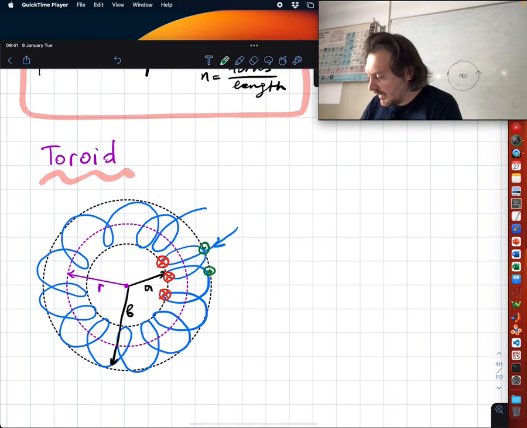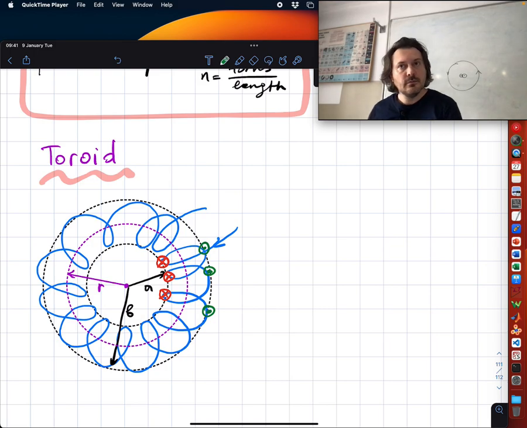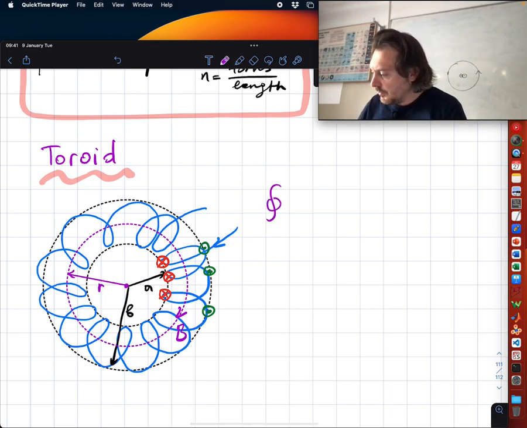So if that is the case, which way is the magnetic field? Just tell me if it's clockwise or anti-clockwise. Clockwise, right? It goes like this. So the integral of B dot dl would give you what?